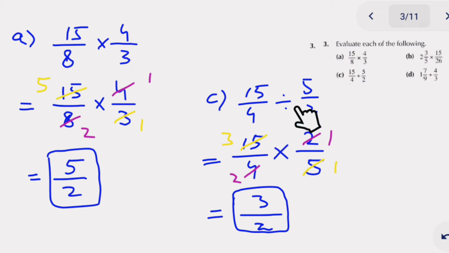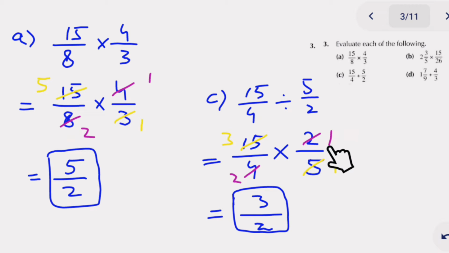Similarly in the C part we have to divide two fractions, and the first is 15 over 4 divided by 5 over 2. In the first step we have to convert this division sign into a multiplication sign, and when we do this the next fraction is reverted, like 5 over 2 is changed to 2 over 5.